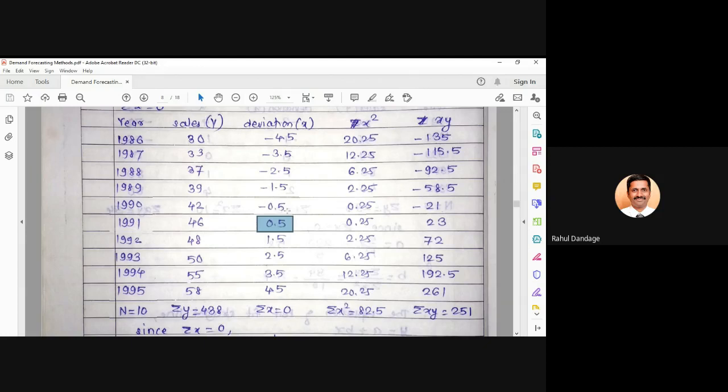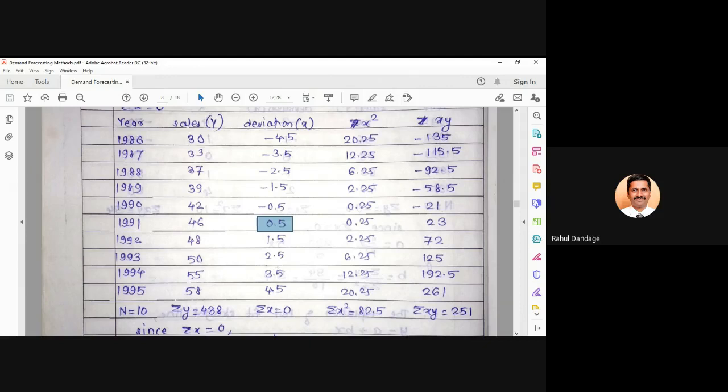So this is minus 0.5, minus 1.5, minus 2.5, minus 3.5, minus 4.5. So from 1990.5, the last deviation on this side is minus 4.5. Similarly, in the forward way, plus 0.5, 1.5, 2.5, 3.5, 4.5. So the deviation column starts with minus 4.5 and ends at plus 4.5.